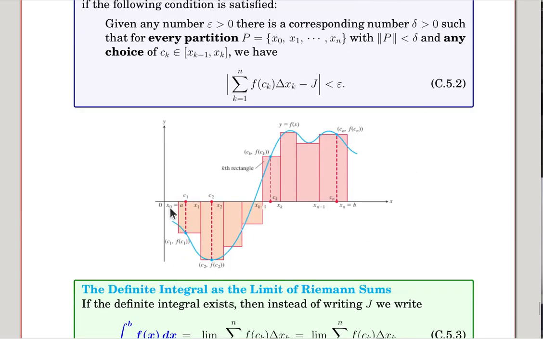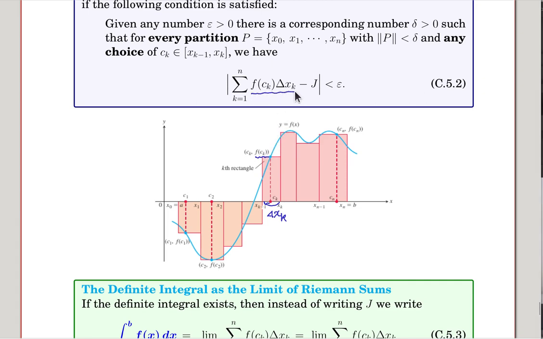After making a partition, for example, in this partition, there are now k subintervals, and for this one, we are choosing ck, a point in the subinterval, and measure the height, and along with that the bottom length is delta xk, and at ck, the height is f of ck.